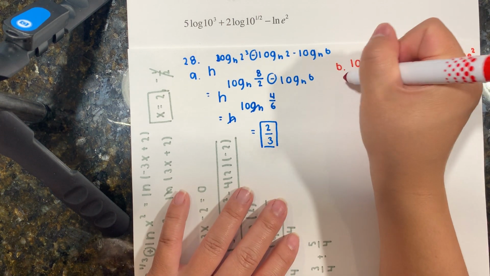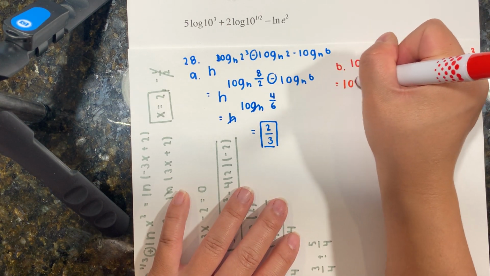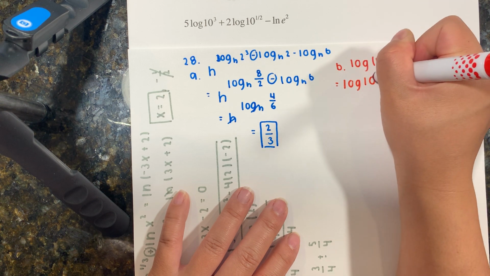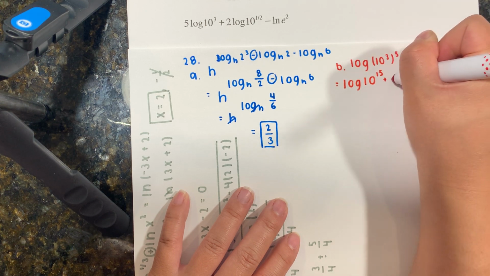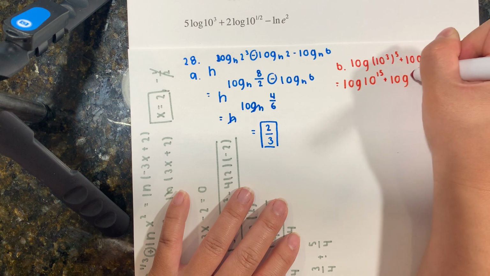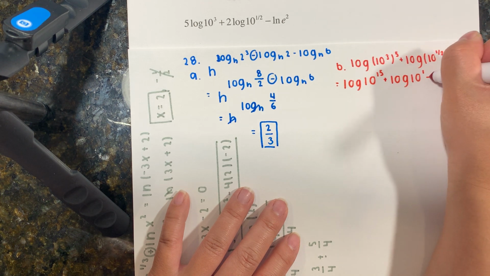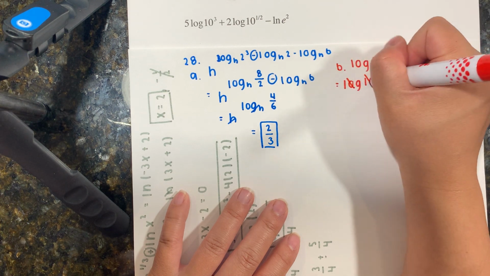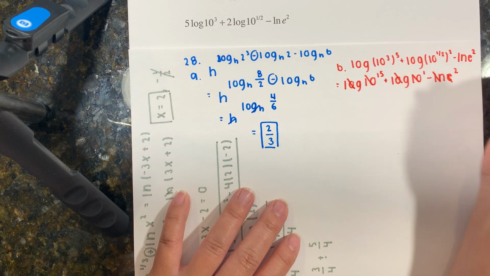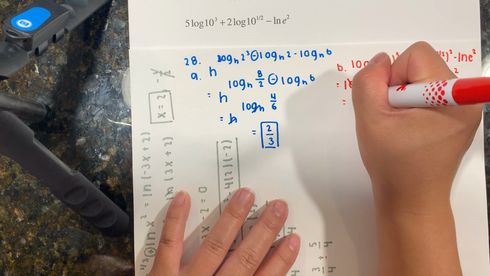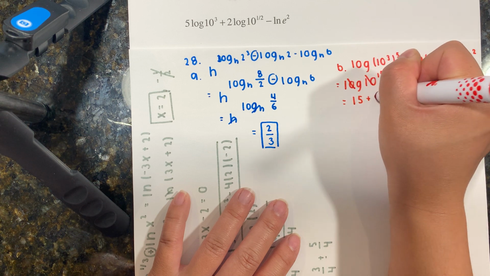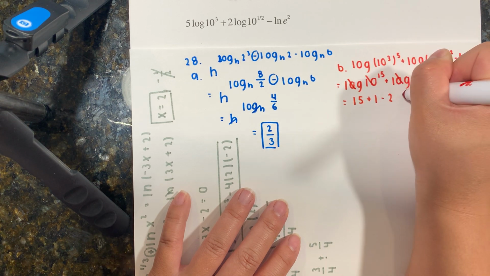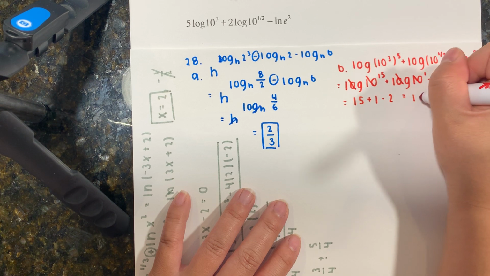So we do multiply those numbers together, so that would be log 10 to the 15th plus log 10 to the 1 minus ln e to the 2. Now log 10 and ln e cancel. So we have 15 plus 1 minus 2 equals 14.